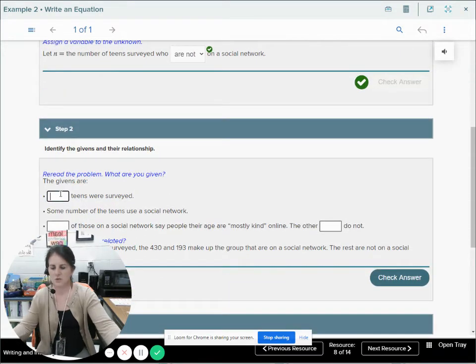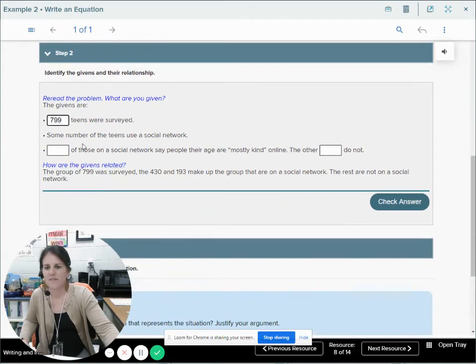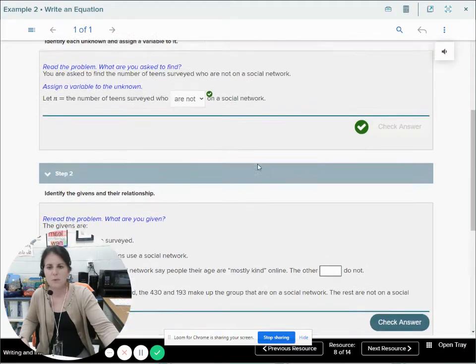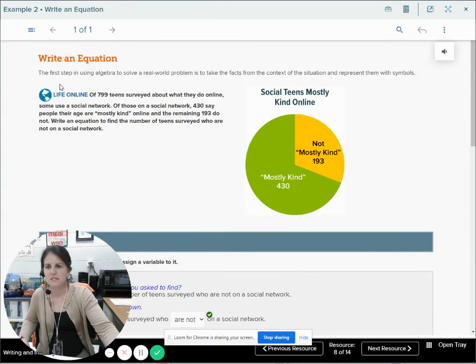So how many teens were surveyed? 799. Some of the number of teens use a social network. Of those on a social network, a certain number say that people their age are mostly kind. So how many people said that? 430.